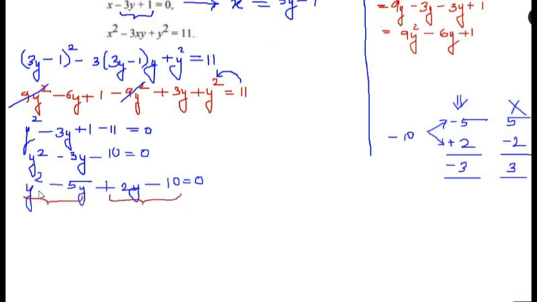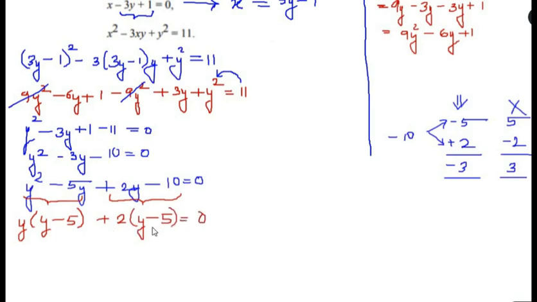Here the term which is common is y, so I'll pull it out, and inside the bracket we'll write y minus 5, and here the term which is common is plus 2, so we'll take y minus 5.